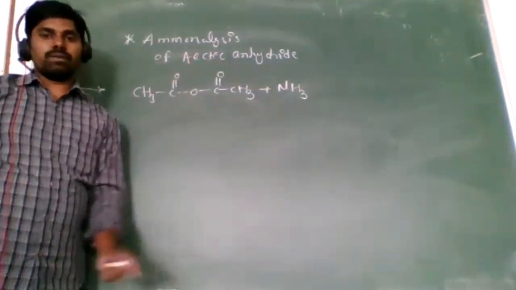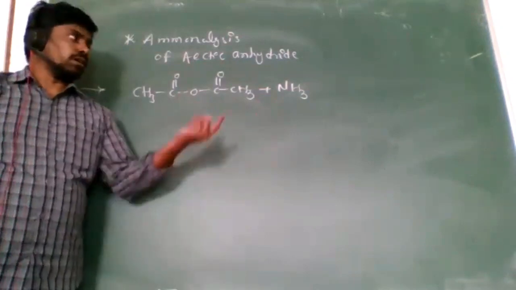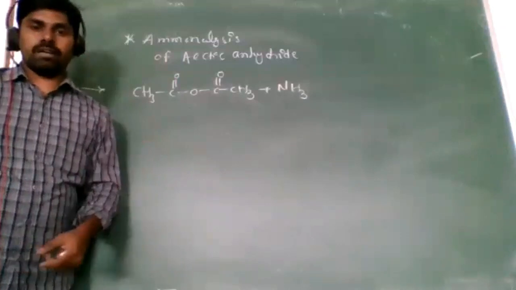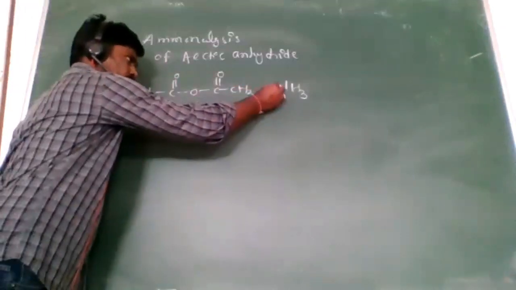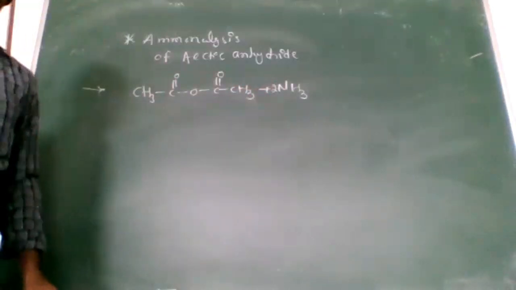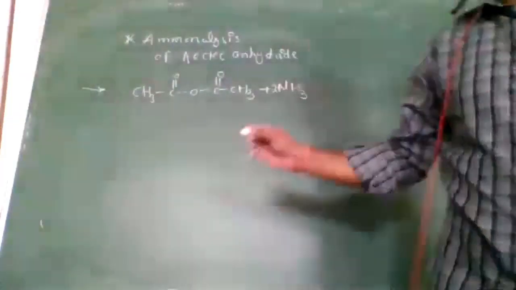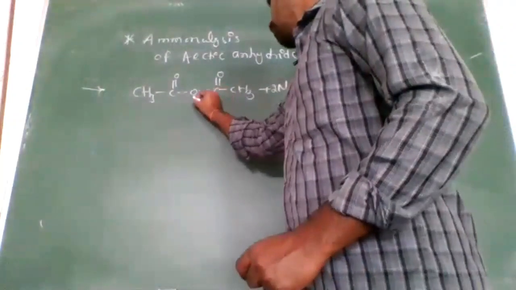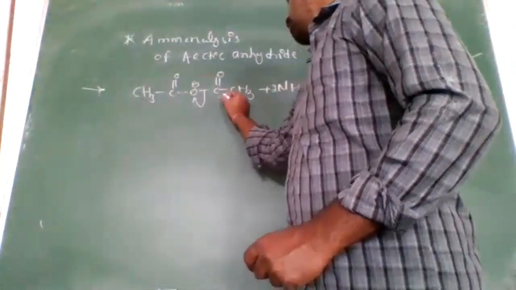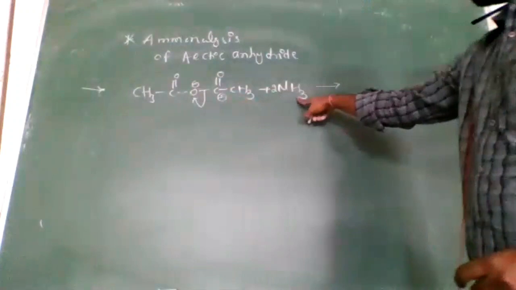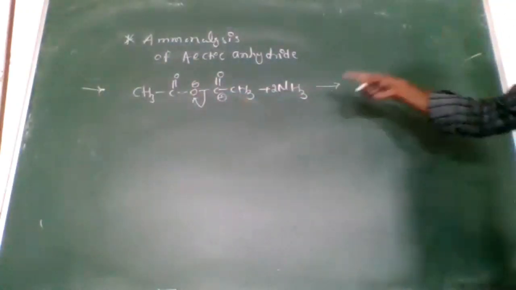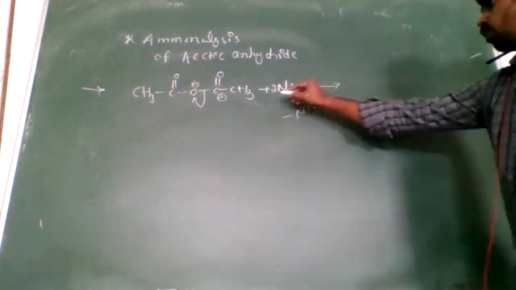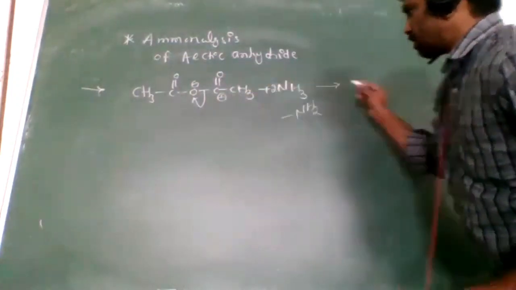amide, and the ammonium carboxylate ion also forms. So we have to take 2 moles of ammonia here for balancing the equation. Look at here. Once these electrons shift to here, the negative charge, this carbon becomes positive. From that NH3, the NH2 bonds with the C double bond O CH3.